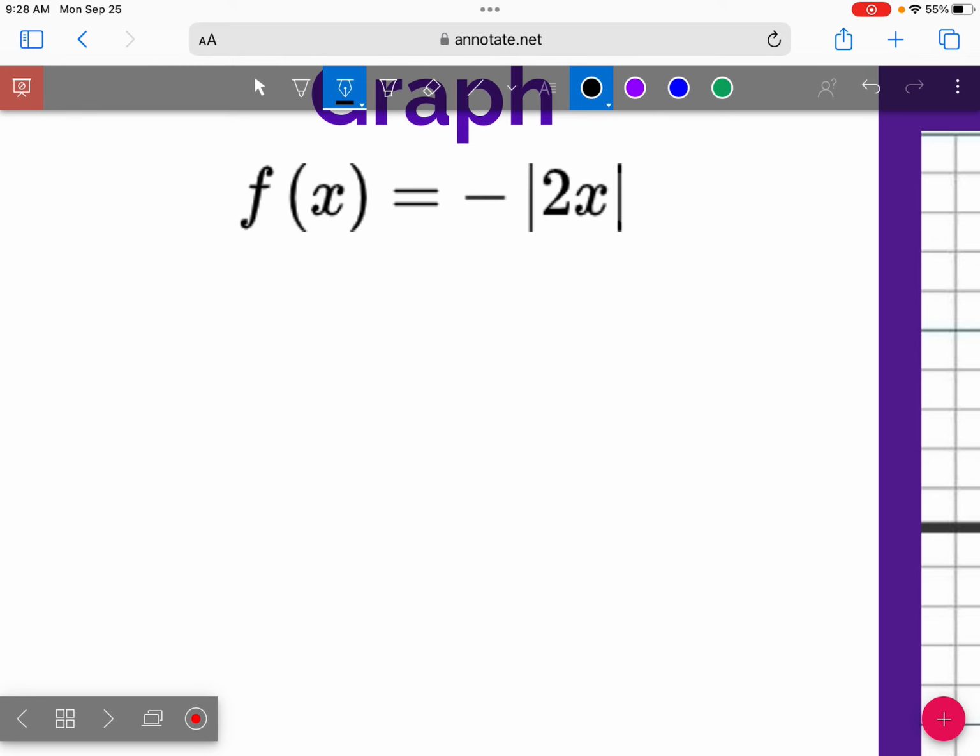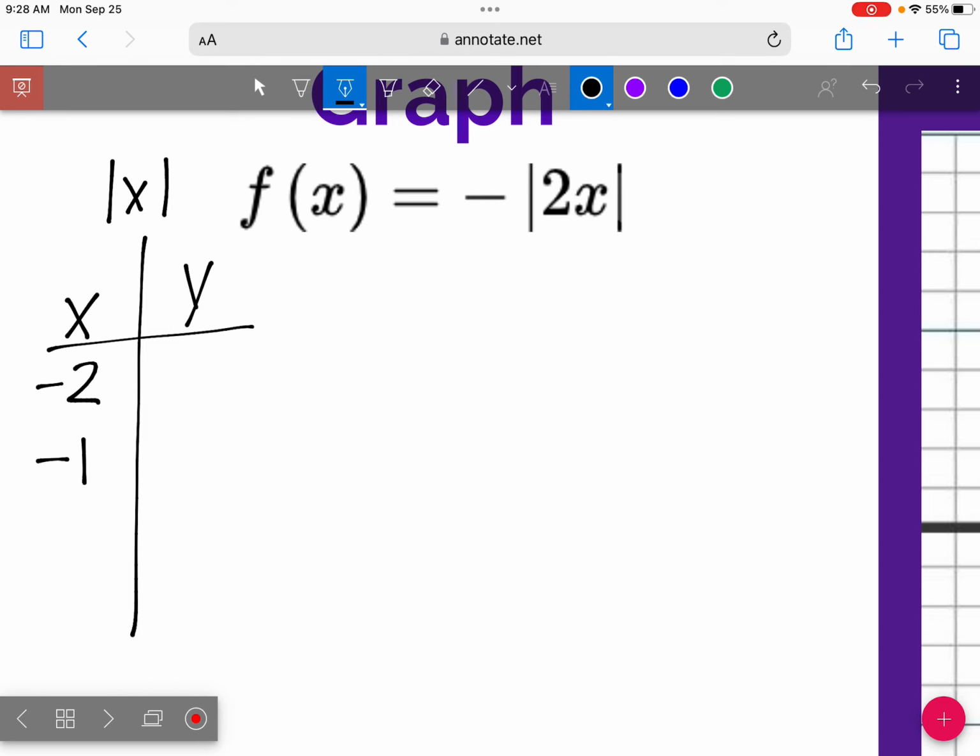Let's use our parent table for our absolute values: X and Y for the absolute value of X. It's the same parent table from the last one. I think it's probably good. I have 3 for each, but I feel like 2 gives us the vibe of it. So we're gonna do 1 more type of function today, and then tomorrow we'll do 3 more types of functions. Same kind of vibe.